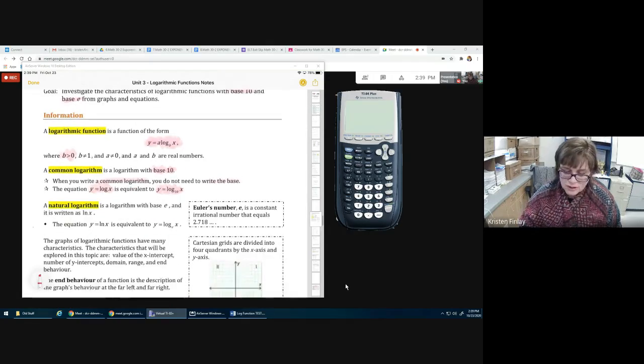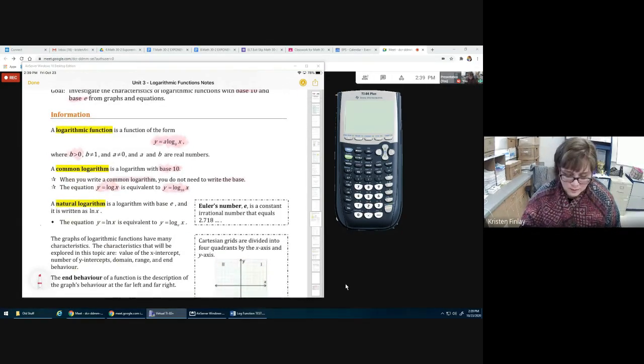A natural logarithm is a logarithm with base e, which we've talked about before, is Euler's number, a constant irrational number that equals 2.718 and so on. The equation y equals ln x is y equals log base e of x. Your calculator also has an ln button for natural logs.